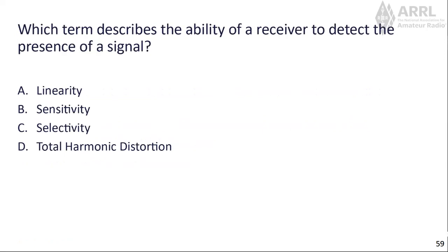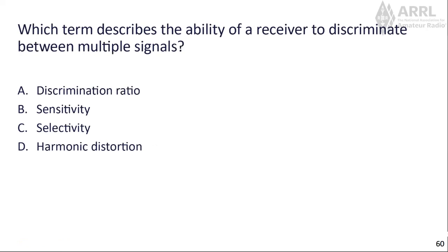Okay. What term describes the ability of a receiver to detect the presence of a signal? Let's try sensitivity. Okay. What term describes the ability of a receiver to discriminate between multiple signals?